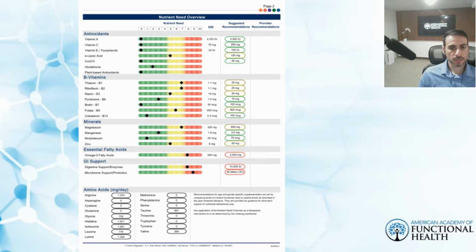The first page is really great for the general overview. And then from there, we're going to start going into each section separately. This is the nutritional deficiencies and digestive support.